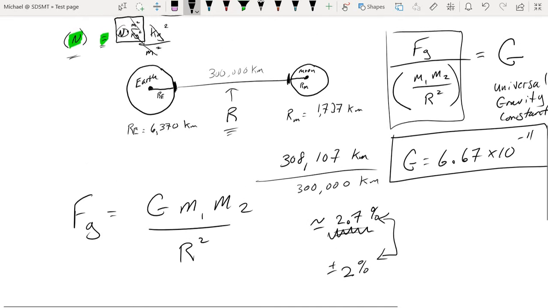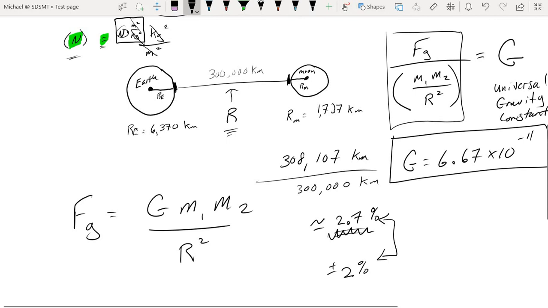So we do need to have that center to center separation distance as the measure for R. And the reasoning for this will be further explained when we get to chapter 9 and we start talking about center of mass.